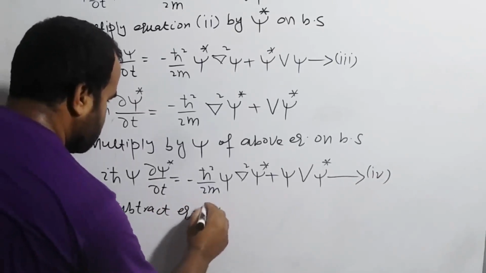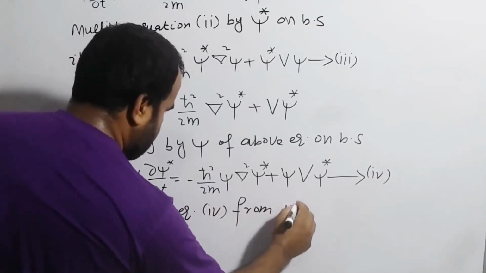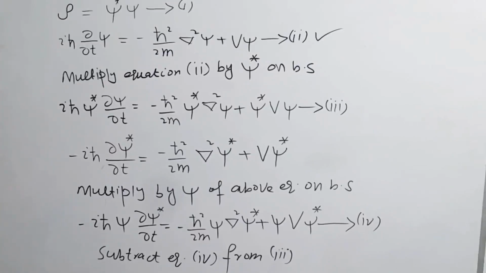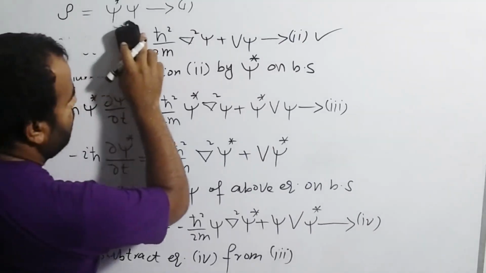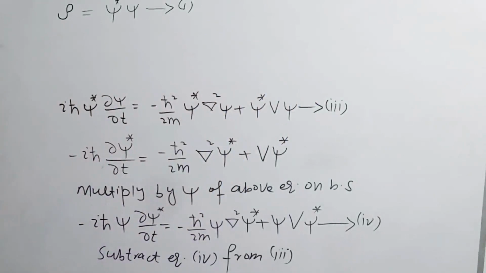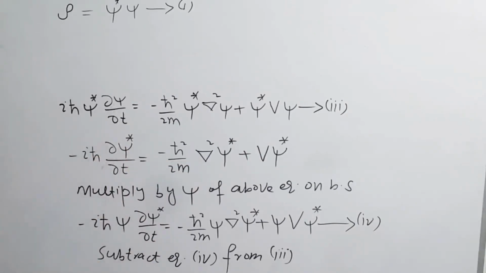When we subtract equation 4 from equation 3, what will we get? Check that this equation is 3 and this is 4. When we subtract, it will be plus.